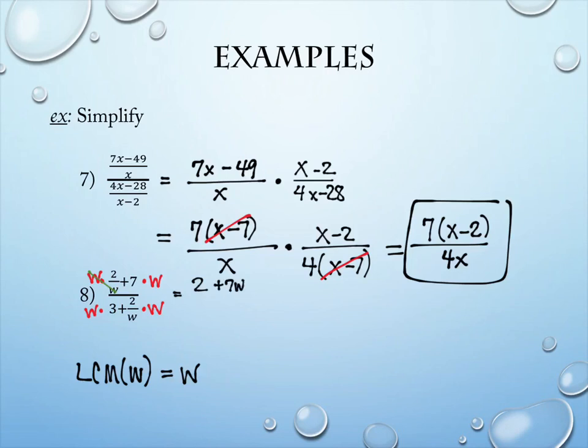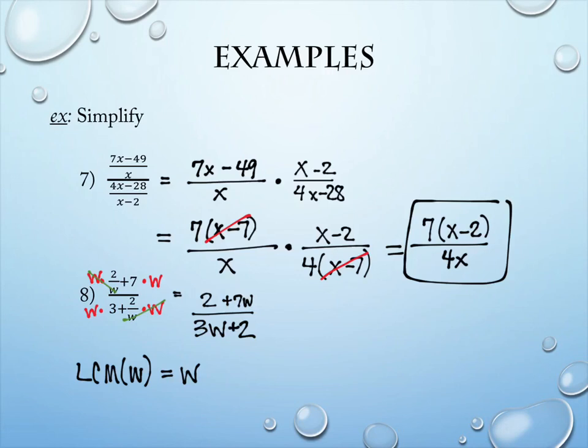All right, this is running into it. Let's move it down a little bit. The third piece, which is the w and the 3, again, just get multiplied, so that's 3w. And what happens to the 2 over w and the w? The w's just cancel out, leaving me with 2.